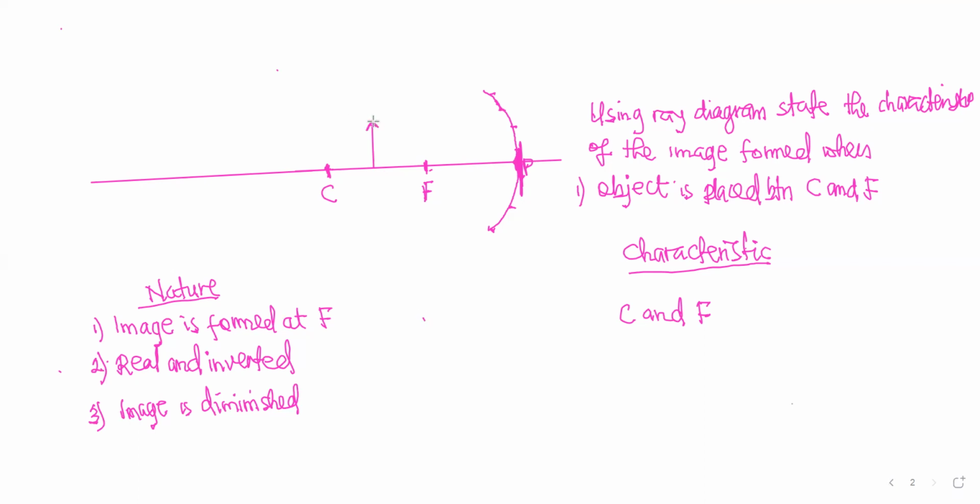A ray of light, the rays must always come from the object, parallel to the principal axis. After reflection, it must pass through F.